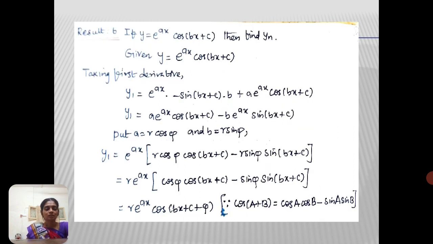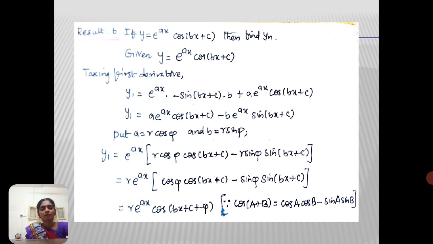Result 6. If y equals e^(ax) cos(bx + c), then we have to find y_n. This is same as result 5. Given y equals e^(ax) cos(bx + c), so taking the first derivative, we get y1 as a e^(ax) cos(bx + c) minus b e^(ax) sin(bx + c).